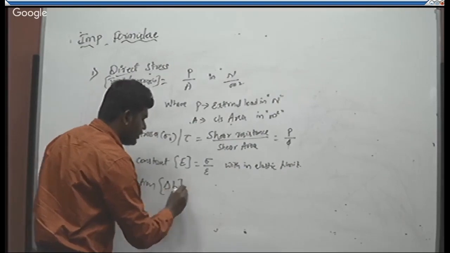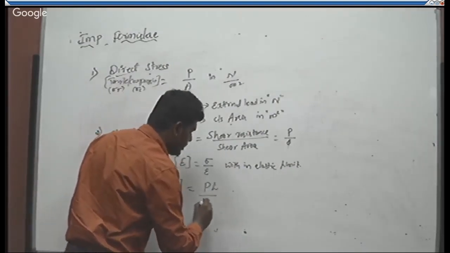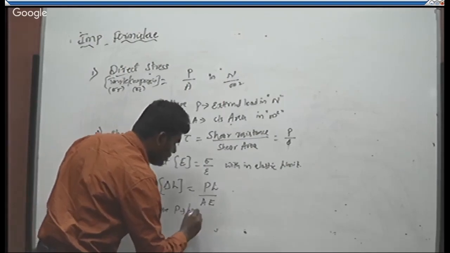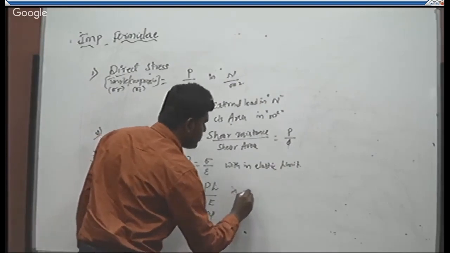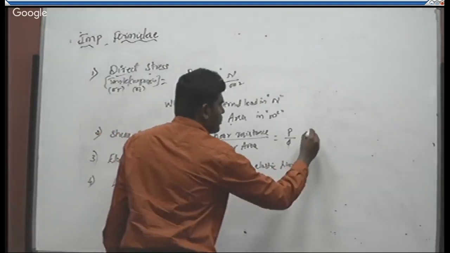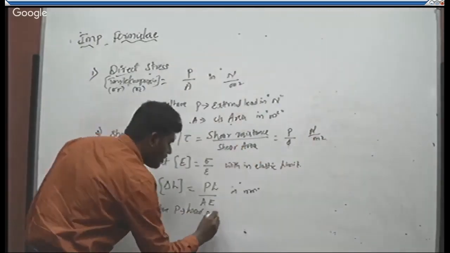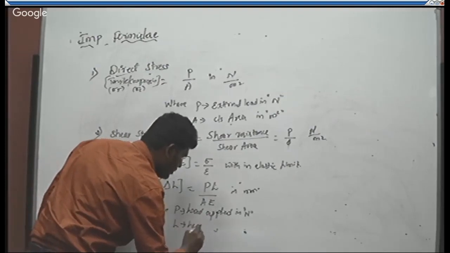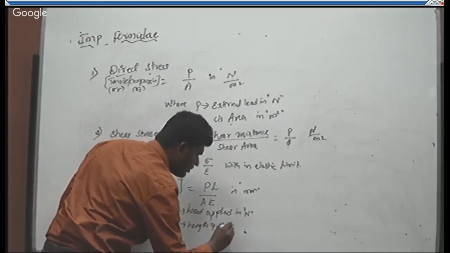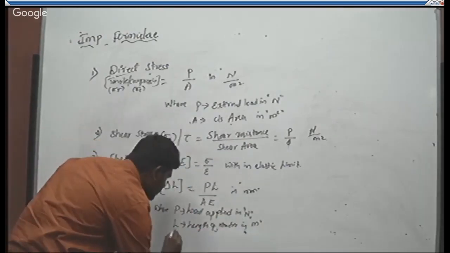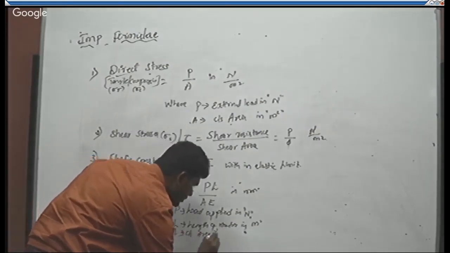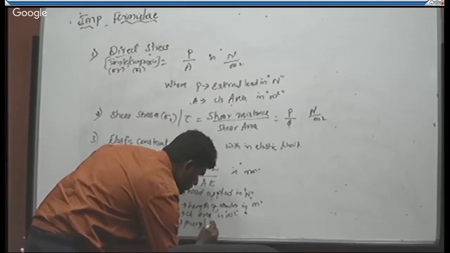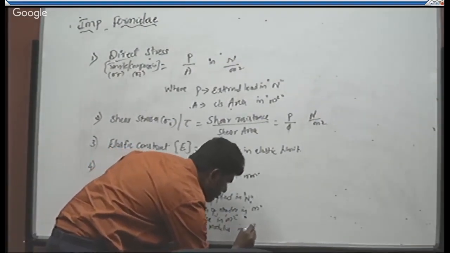This delta L can be calculated by the expression PL by AE, where P is the load applied in Newton, L is the length of the member or body in millimeters or meters, A is the cross sectional area, and E is the Young's modulus or elastic constant, in Newton per meter square.